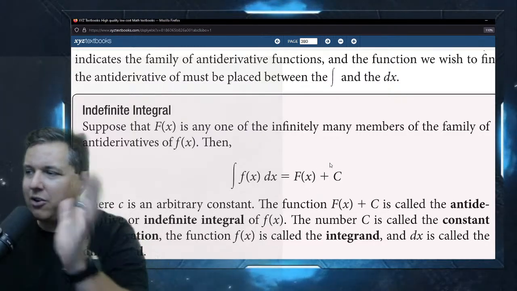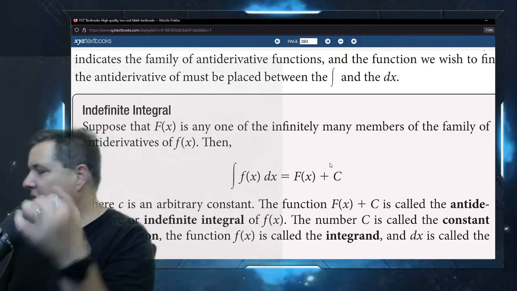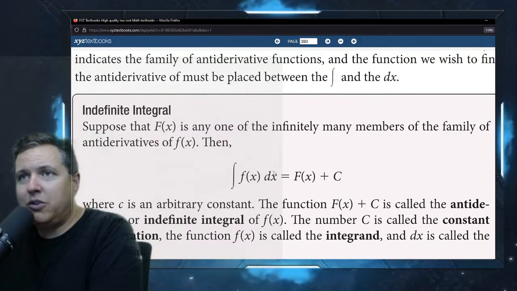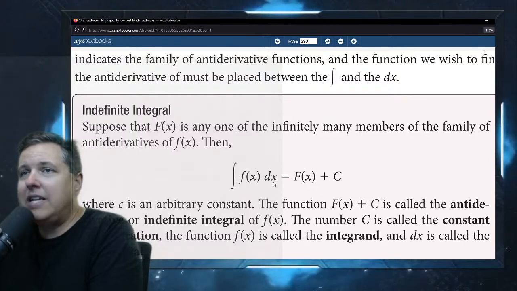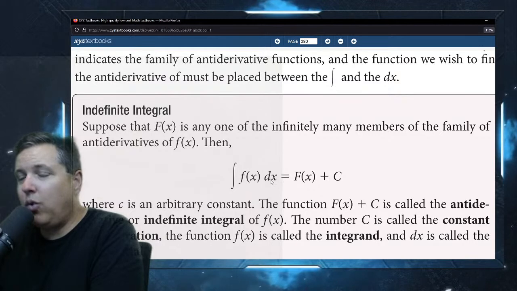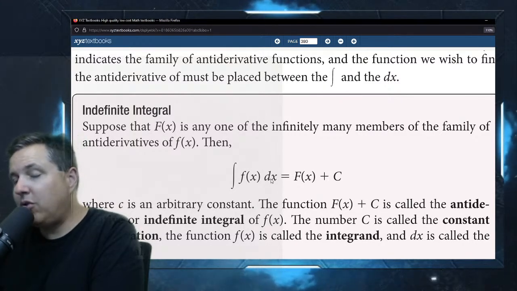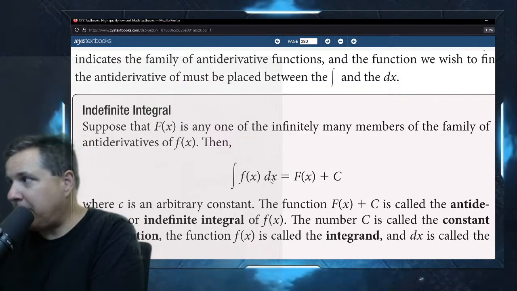There's a lot of notation there, and it's really important notation, but it's confusing, so let's try to break that down. First of all, this dx, for now, just think of it as telling us which variable we're integrating with respect to.